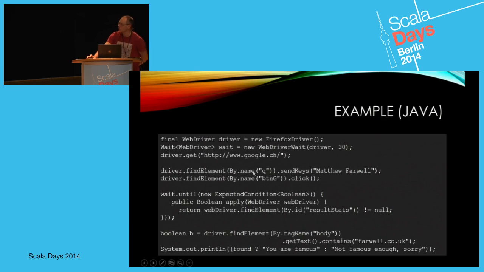Well, actually, we're finding an element which is called button G. We're clicking on it. And then we're waiting until this element here, result stats, appears. And then we're coming out of this loop. This wait is a loop. Basically, it's waiting for 30 seconds here. And then, finally, we're looking at the tag body, and we're checking that it contains farwell.co.uk. And on that basis, it's deciding whether or not we're famous enough.